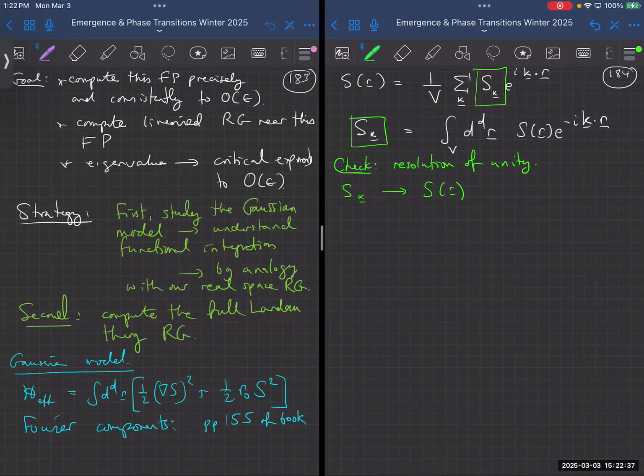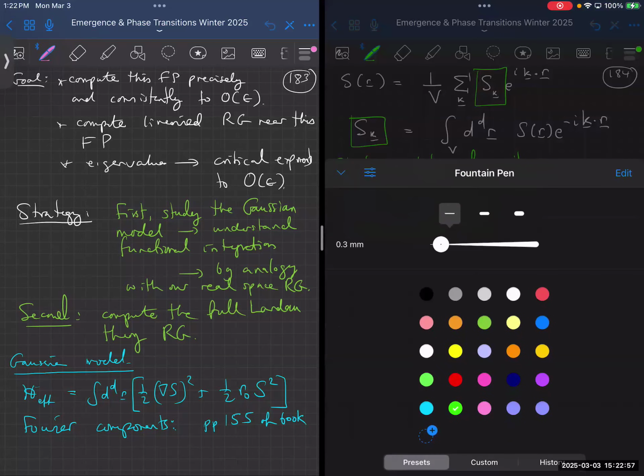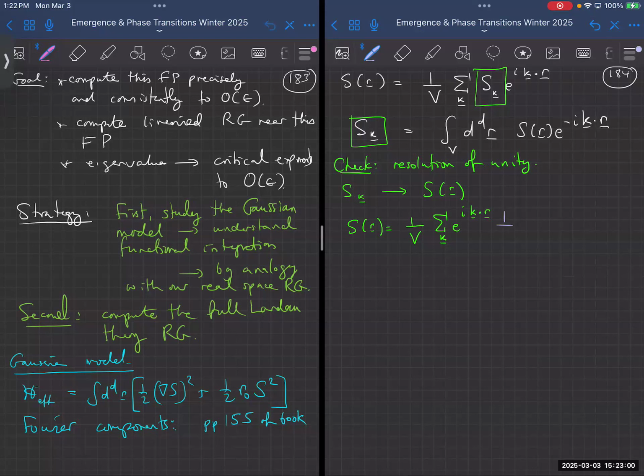So what happens is I can say that S of R is equal to 1 over V, the sum over K, e to the i K dot R. And then I've got to put in S of K. So S of K is, sorry, S of K is the integral over V d R S of R e to the minus i K dot R. Right?